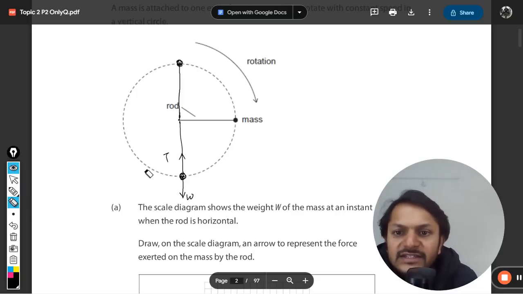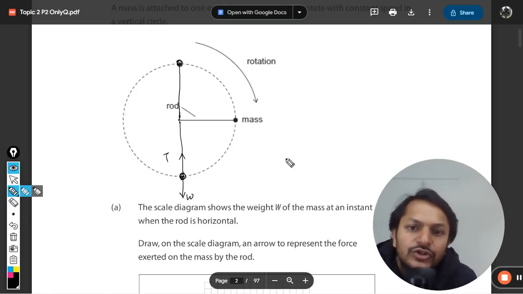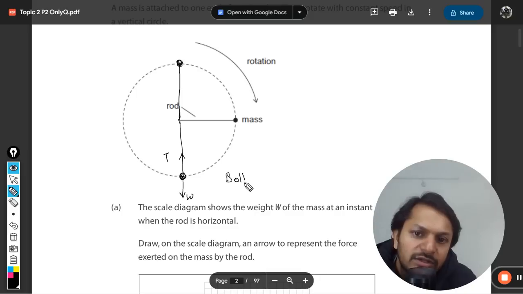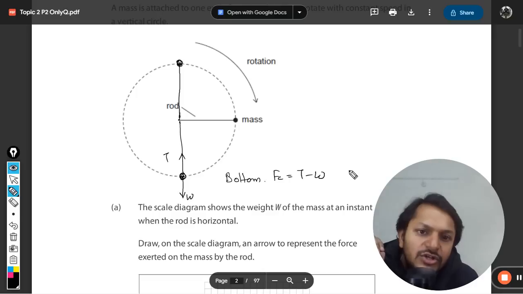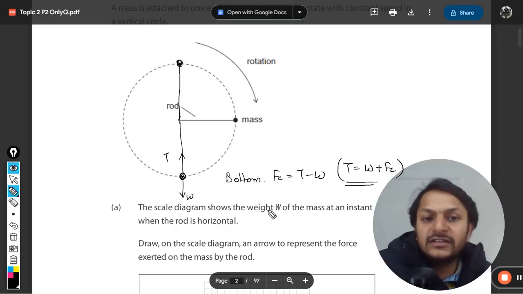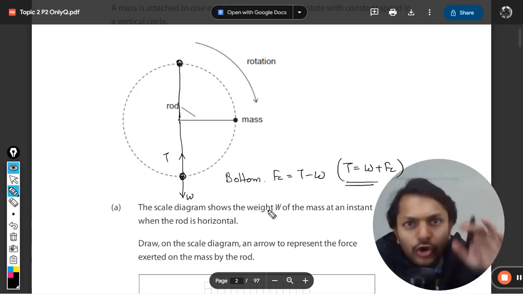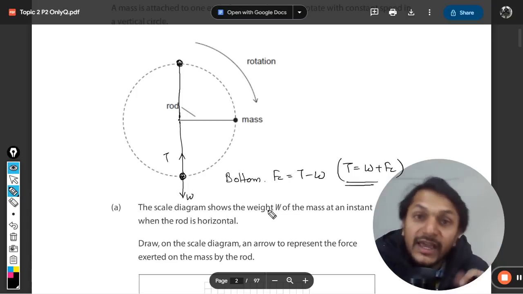Now because of this, there will be some centripetal force. So at the bottom, centripetal force should be equal to T minus W, because centripetal force will be definitely in the upward direction. So T is equal to W plus Fc. So at the bottom you can see that the tension or the force in the rod is maximum.